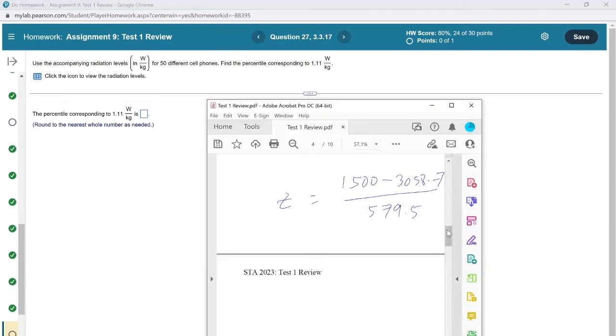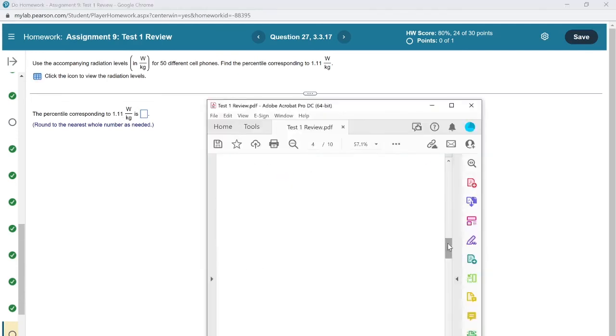Percentile can be found with a formula. The percentile for any data value equals the number of values less than that data value over the total number of values, times 100.